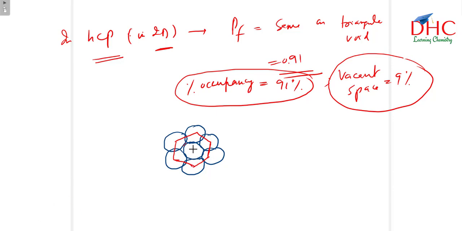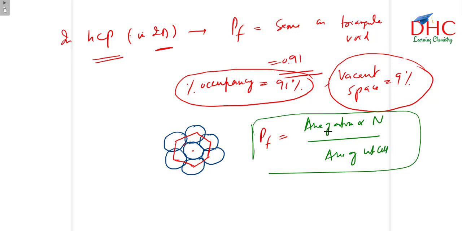So what you will do is basically you will first of all join these, and packing fraction will be equal to, so we'll write it in some other color. Packing fraction will be equal to area of atom multiplied by number of atoms divided by area of unit cell.